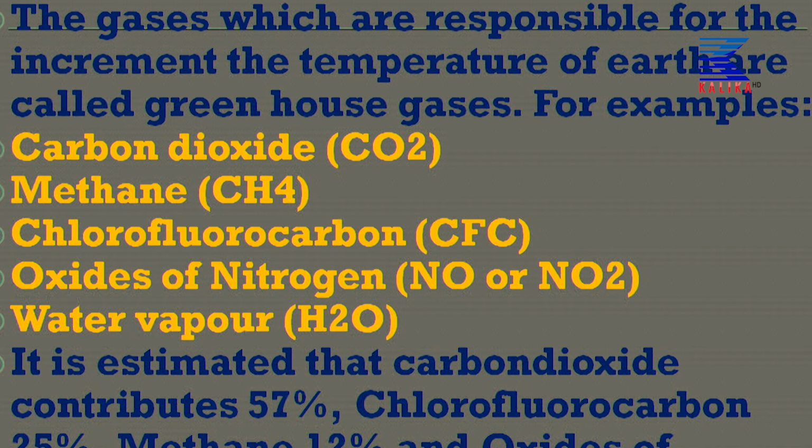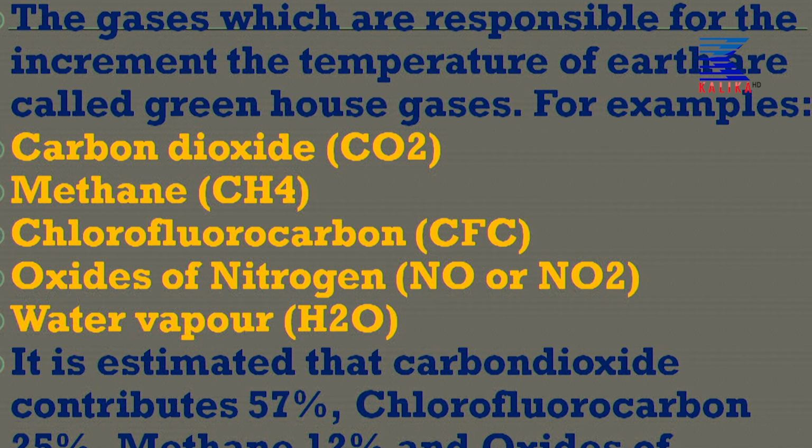It is estimated that carbon dioxide contributes 57% of the greenhouse effect of the earth. So the main greenhouse gas is carbon dioxide. That's number one. That contributes 57%. Chlorofluorocarbon contributes 25%. Methane contributes 12%.